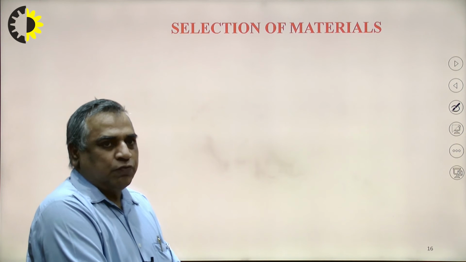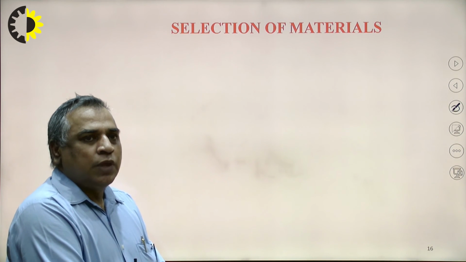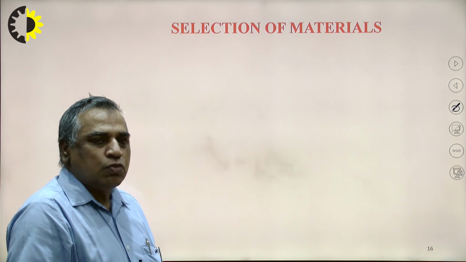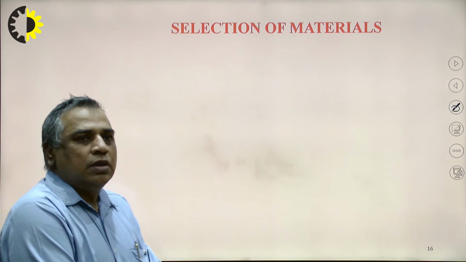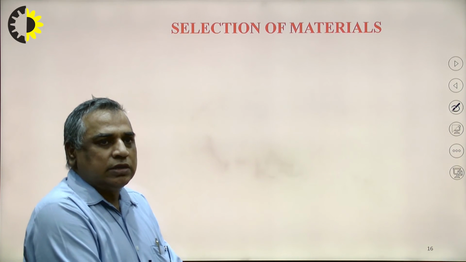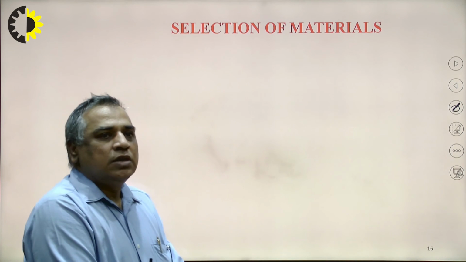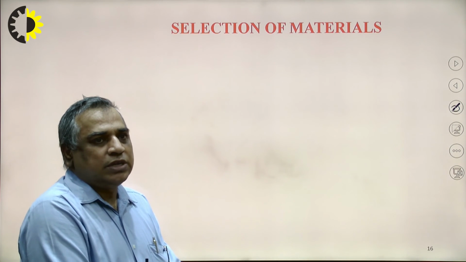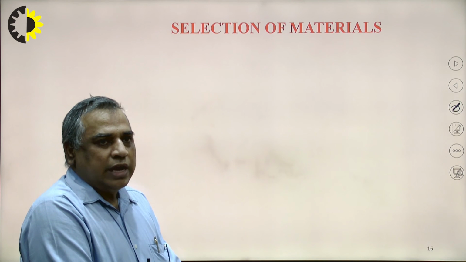And the last topic for today is the selection of materials. In fact, selection of materials is the most complex and tough task, because a wrong selection of material may affect our design adversely.